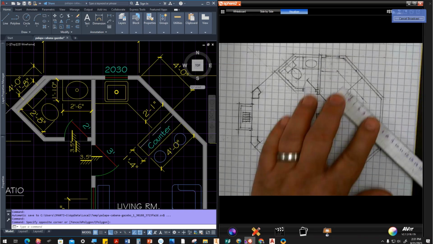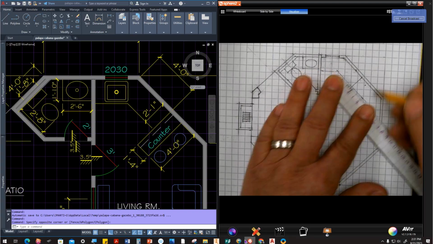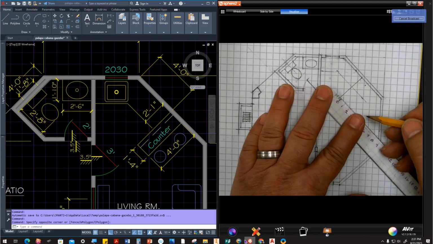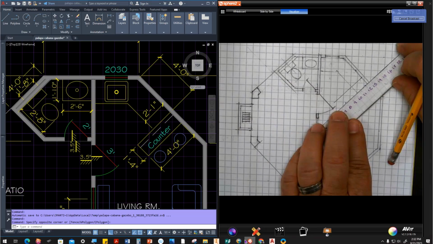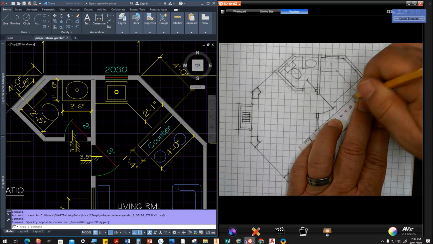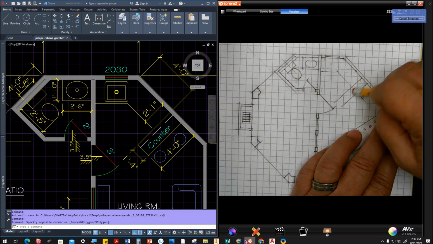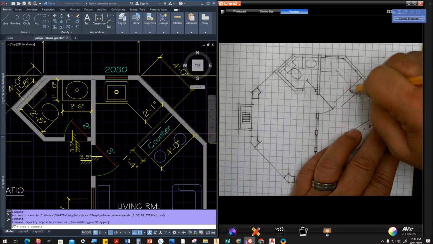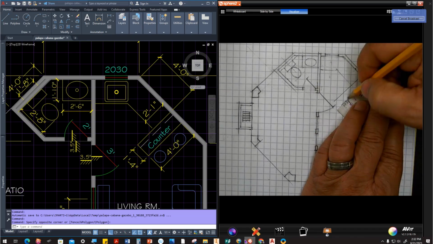And then offset 1'4", 1'4" here, 1'4" here. And draw that parallel line. And that shall be 4 feet in length. Can you draw it, please?